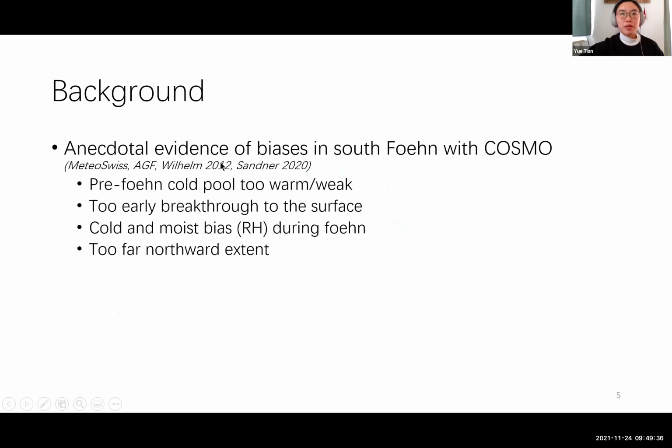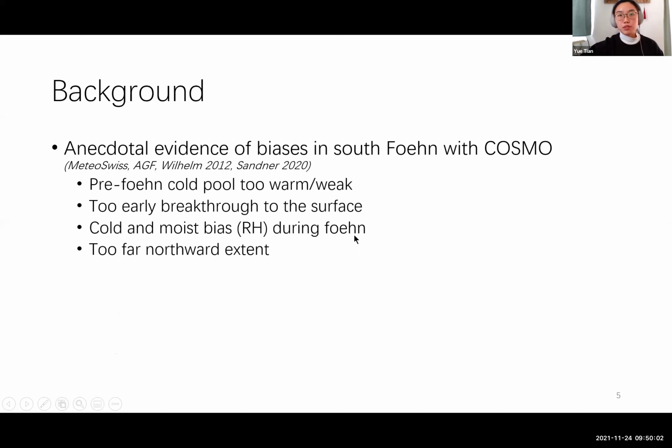To give you some background, we have anecdotal evidence of model biases from the forecasters, and we have two master theses with the COSMO model. The pre-foehn cold pool in the model is usually too warm or too weak, and therefore it causes an early breakthrough to the surface in the model.